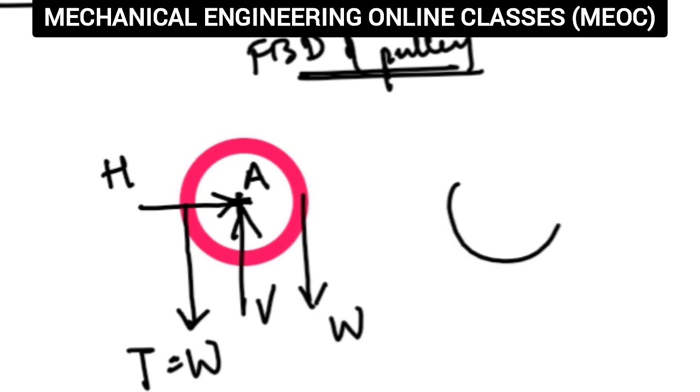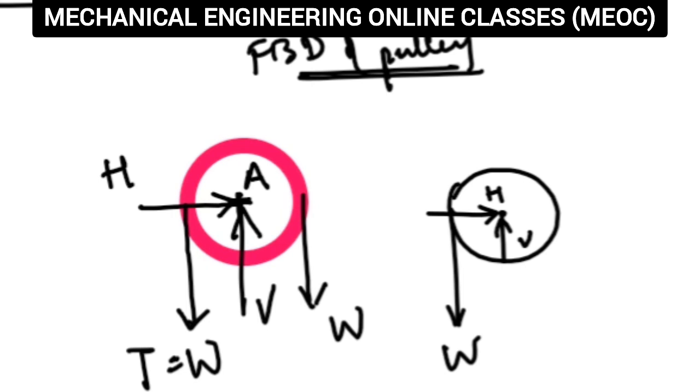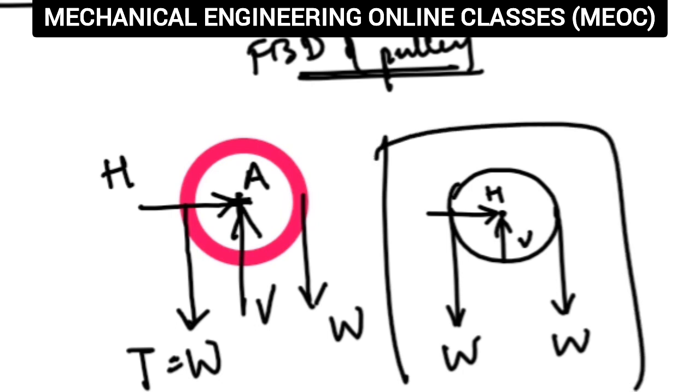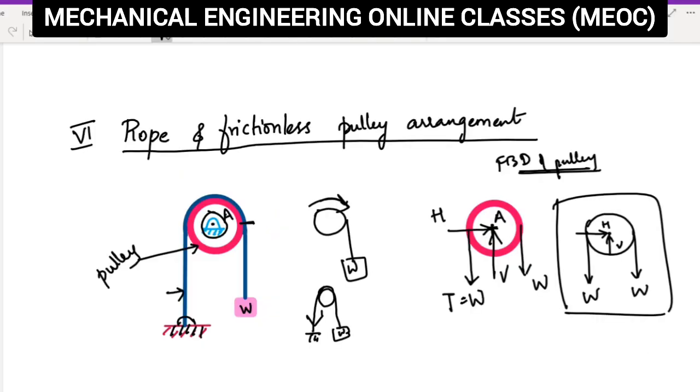So this is the FBD of the pulley. At the center there is a horizontal and a vertical due to the pin joint, and here there is a tension which is equal to W, and here there is a weight which is equal to W. So this is the FBD of the pulley for the given system.